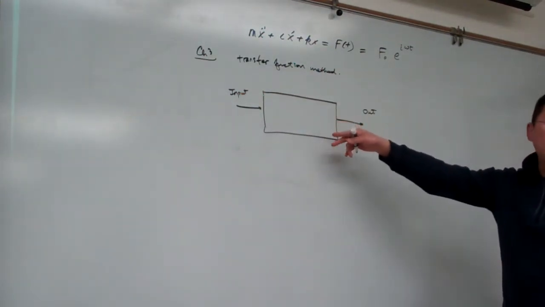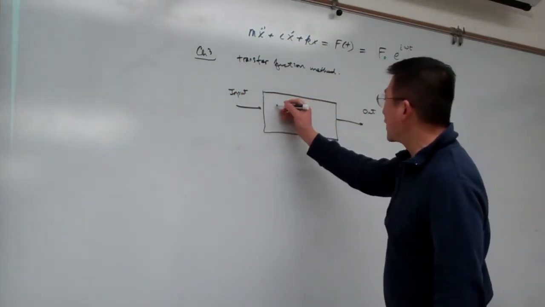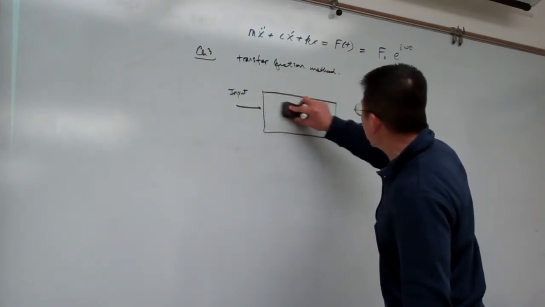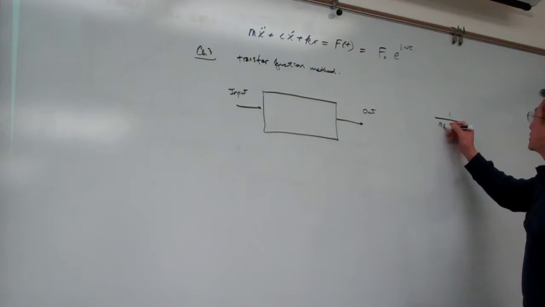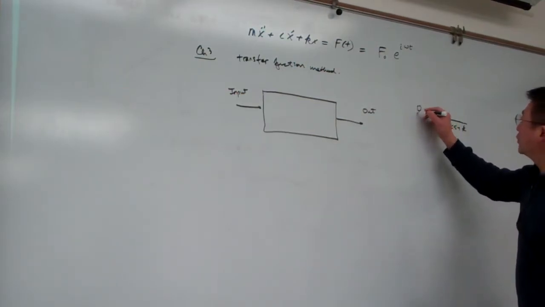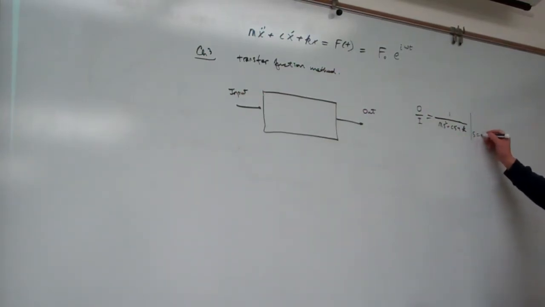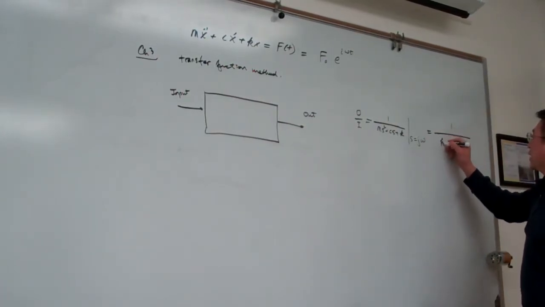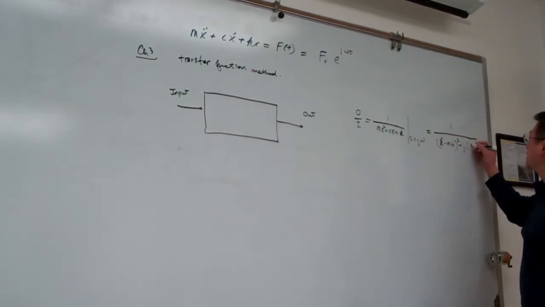Let me directly jump into the expressions. The transfer function is equal to 1 over (ms squared plus cs plus k), so that is our output with respect to input. That is the transfer function of the system. Then we simply replace s with j omega, so that's 1 over (k minus m omega squared plus j c omega).